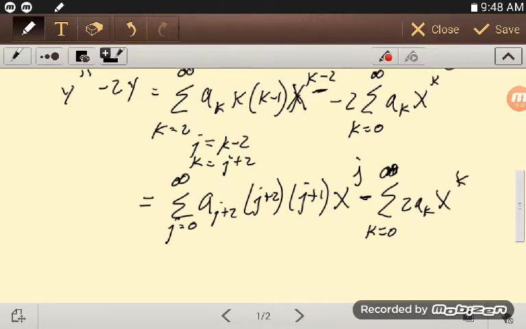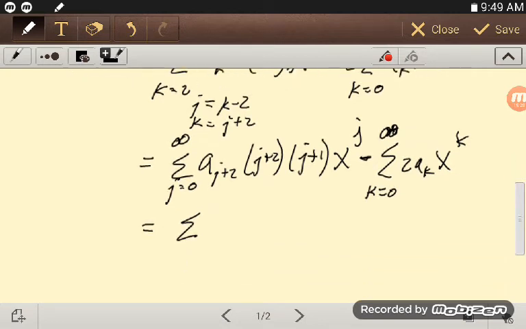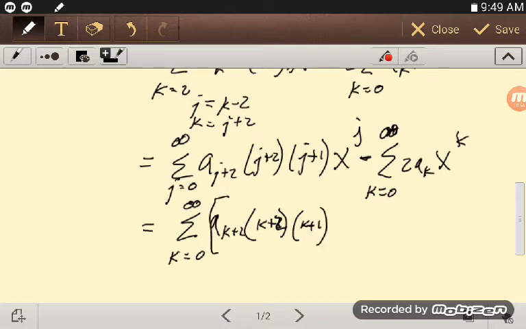So now, this is just dandy. I have the sum, and in this case I'm just going to pretend all these j's are k's, so I'll have k equals 0 to infinity of a sub k plus 2, k plus 2, k plus 1, and then minus 2ak, and then times x to the k.